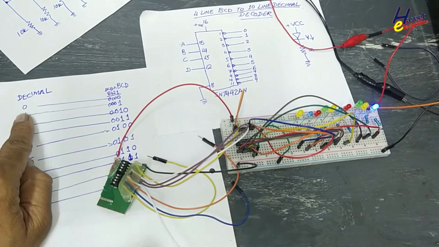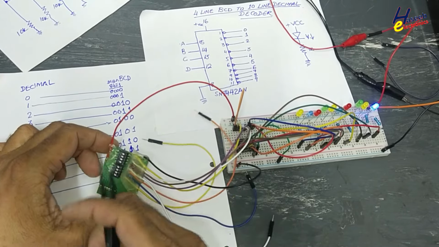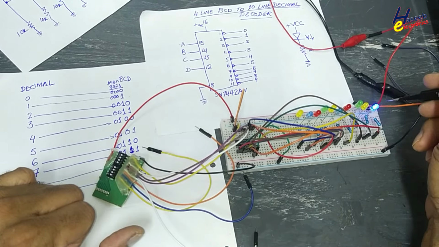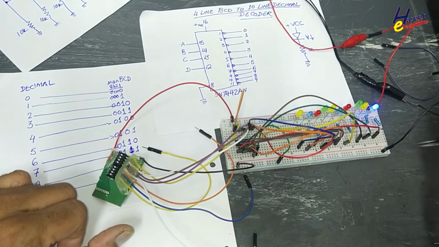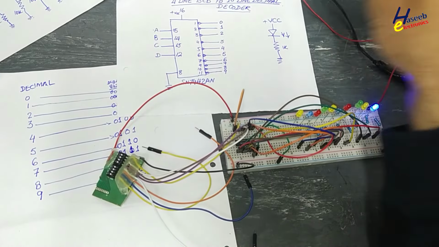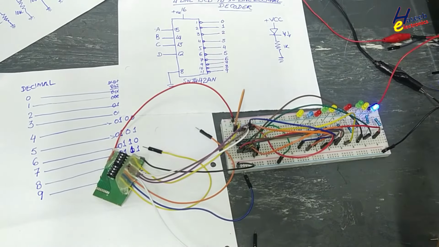When we have BCD input 0, 0, 0, when all input data switches are 0, the first LED, decimal 0, is active. Because the LED anode is connected to positive VCC, when this output is low, this LED is bright.